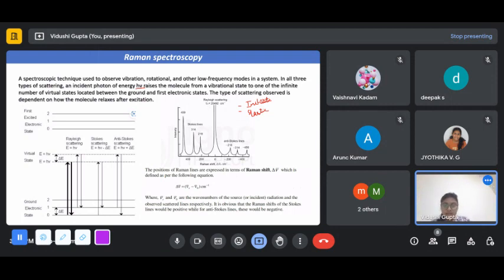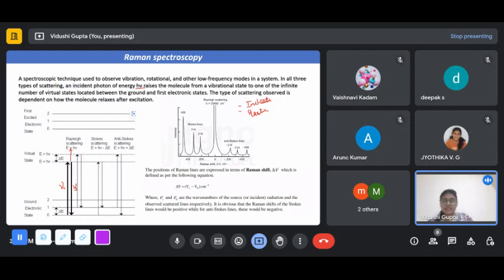When a molecule is excited to a high energy level with a frequency of mu I, and then it relaxes back to the ground state with a frequency of mu s, and if it relaxes to the same energy level, then this type of scattering is called Rayleigh scattering.